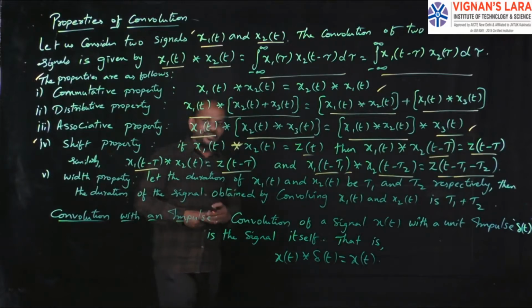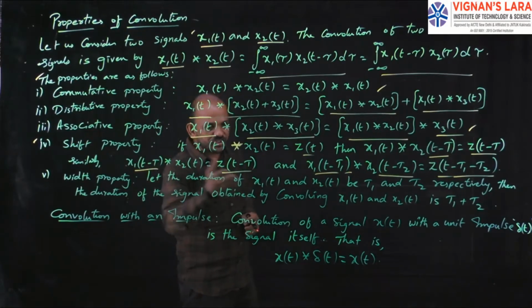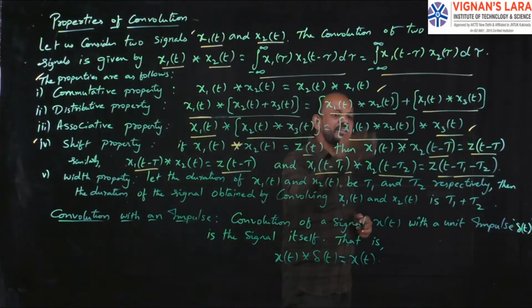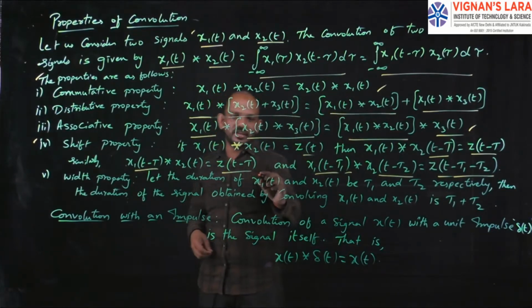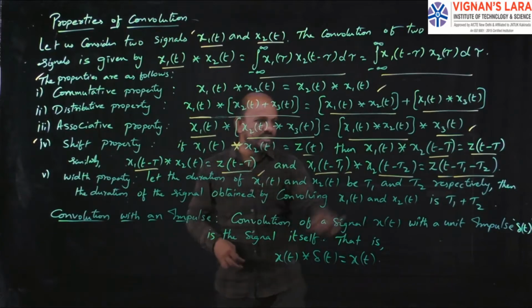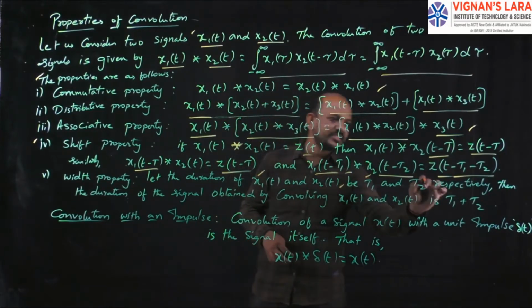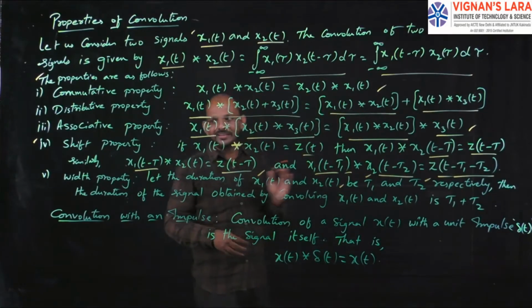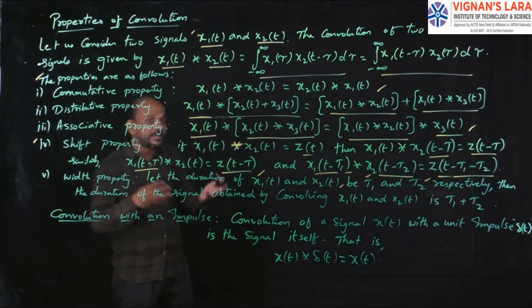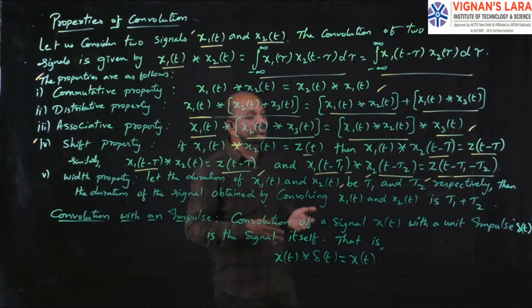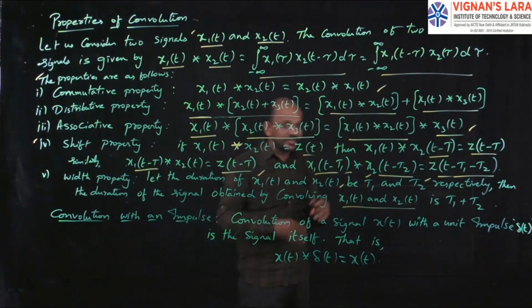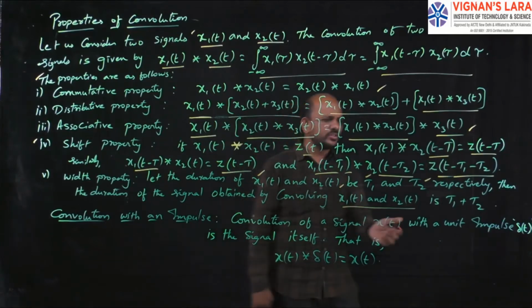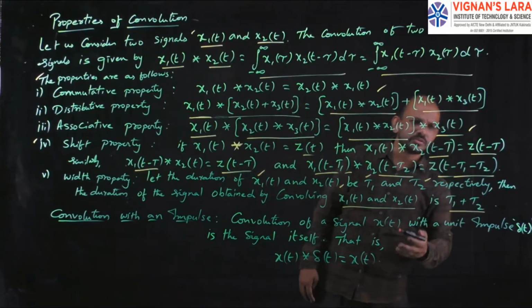Width. For this, let us consider the duration of x1(t) and x2(t) to be capital T1 and capital T2 respectively, that is the duration of x1(t) is T1 and the duration of x2(t) is T2. Then if you perform the convolution of x1(t) and x2(t), the total signal duration will be equal to T1 plus T2, that is the combination of both.